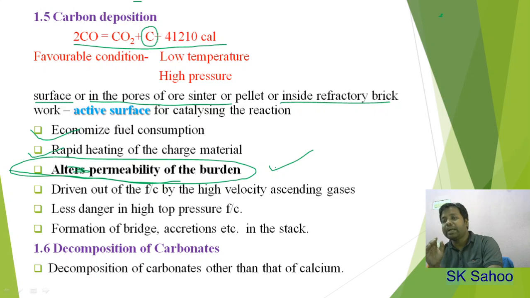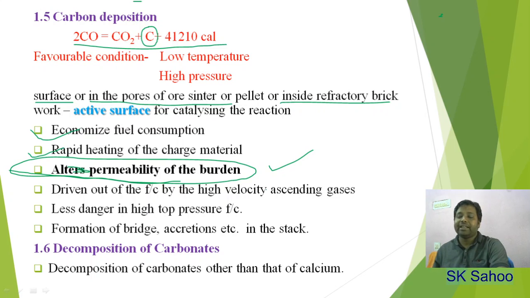But as we know, carbon has a high melting point and it also acts as a lubricant, so the smooth descent of the burden occurs without agglomeration. So in that way, it can help in maintaining the bed permeability. So it has a both-way effect. That's why it is written that it alters the bed permeability of the burden inside a blast furnace.